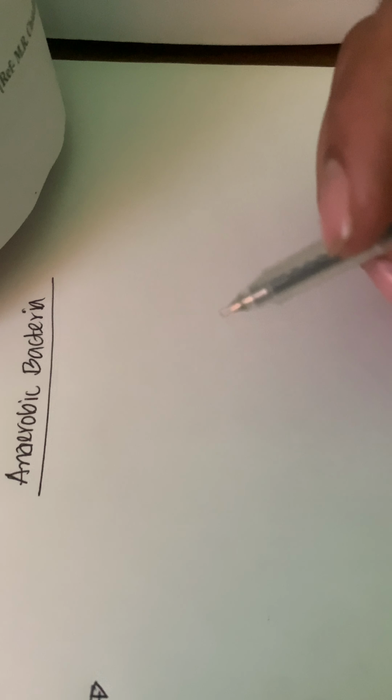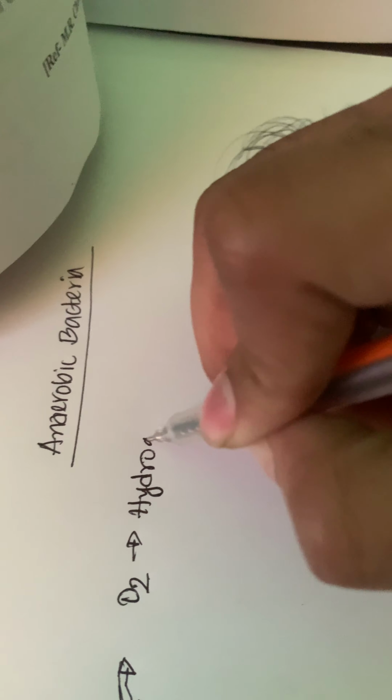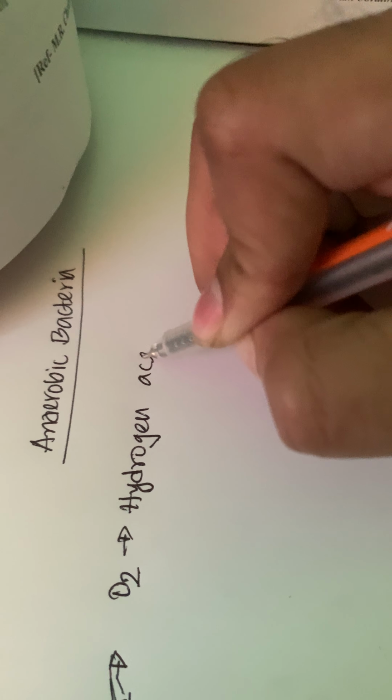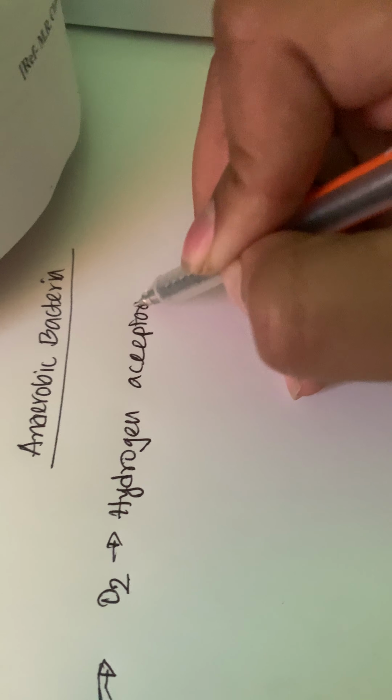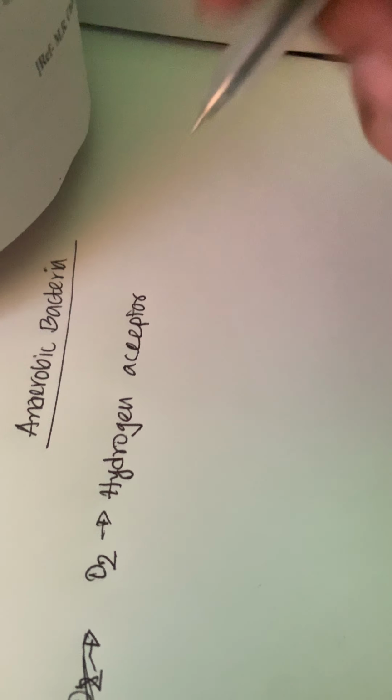So today we are going to discuss why some bacteria are anaerobic and why anaerobic bacteria cannot grow in the presence of oxygen. We all know oxygen acts as the hydrogen acceptor in the final step of energy production, which is catalyzed by the flavoprotein.